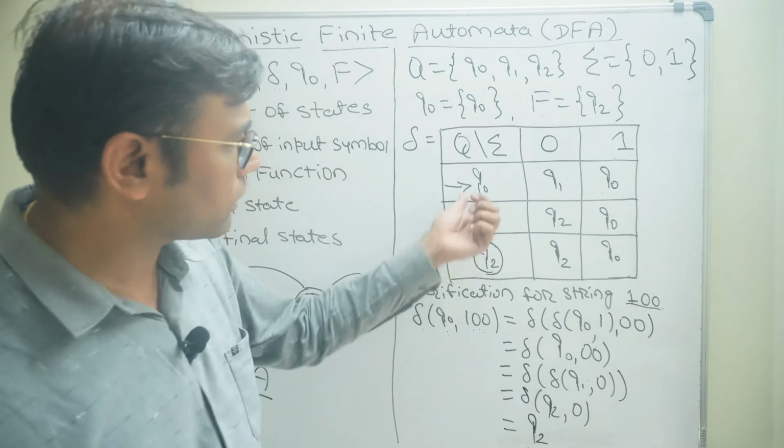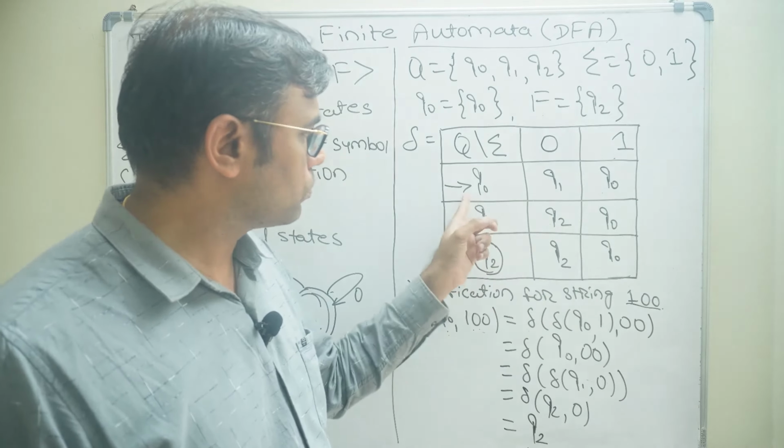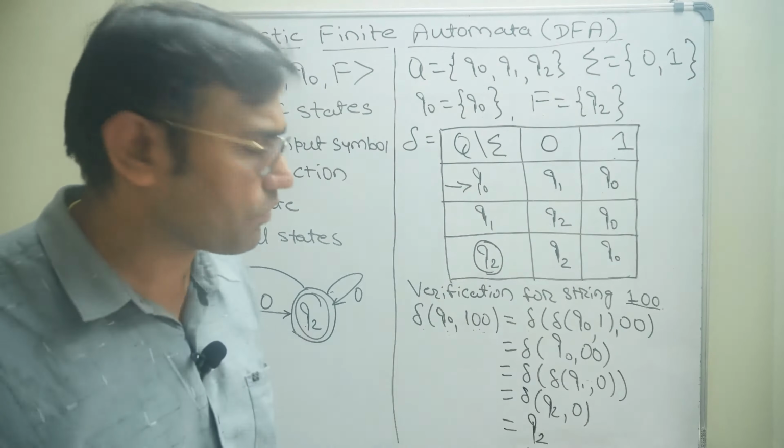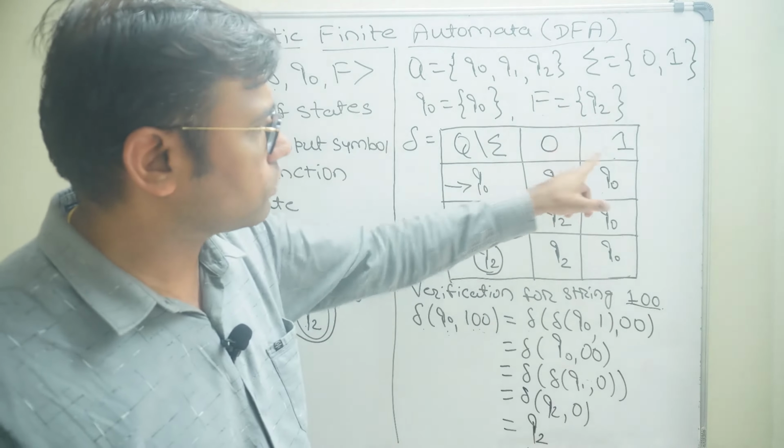So how to draw the transition table? The transition table is drawn from the diagram. On the left hand side, write down the state names Q0, Q1, Q2. Q0 is marked by an arrow and Q2 is marked by a circle, the reason being that Q2 is the final state and Q0 is the initial state. Then write down the input symbols 0 and 1.